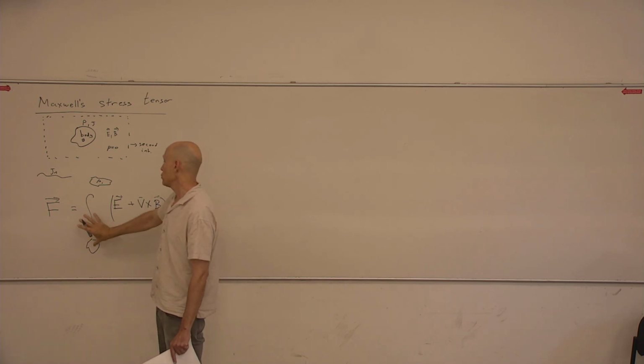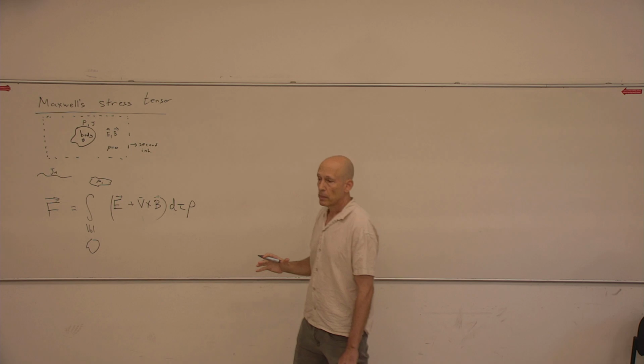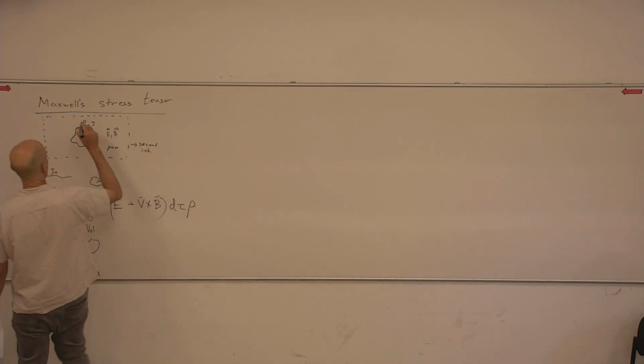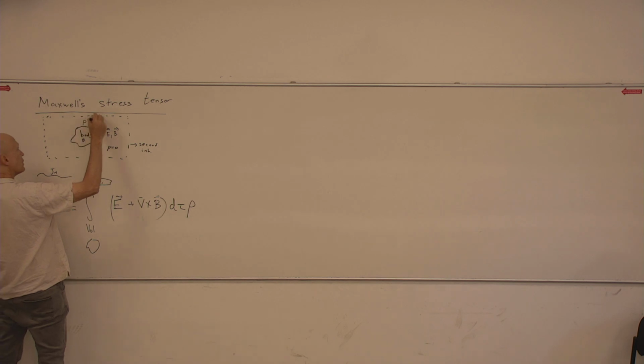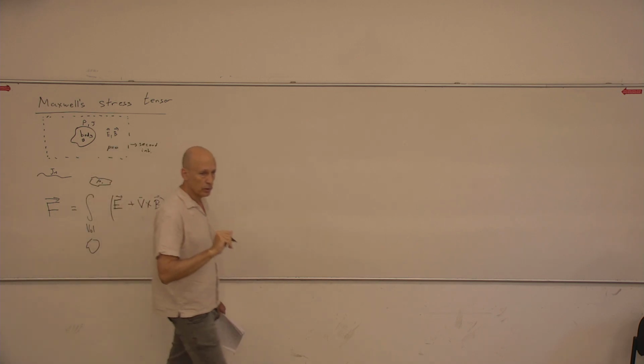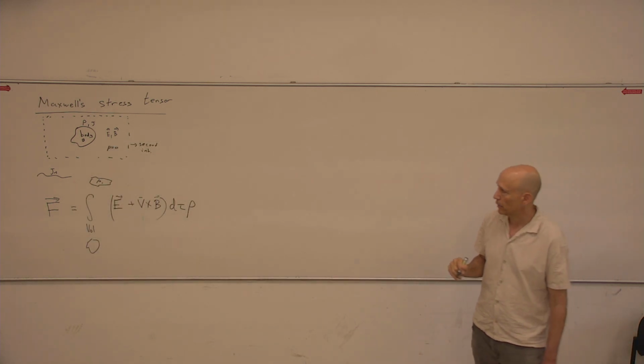We're going to also change the volume integral into a surface integral, all these things. And eventually, my hope is to show you that if I measure the electric and magnetic field here, I can tell you what the force on this body is. Now, what is the electric and magnetic field here?